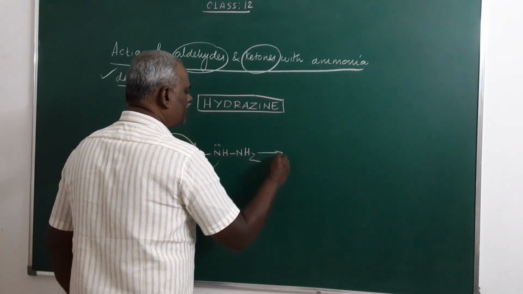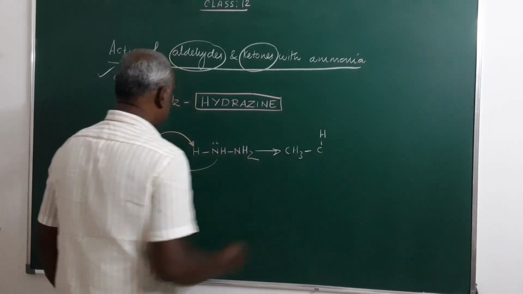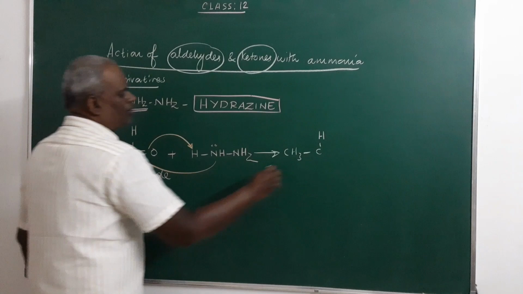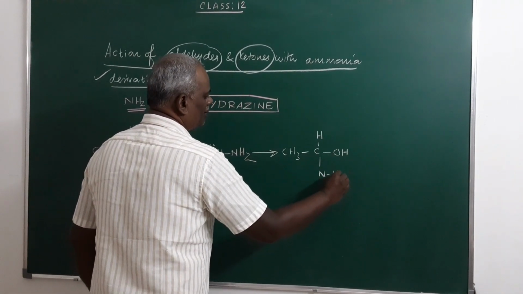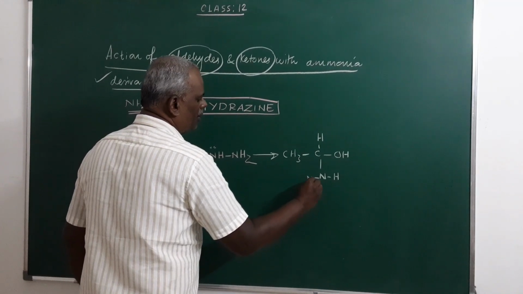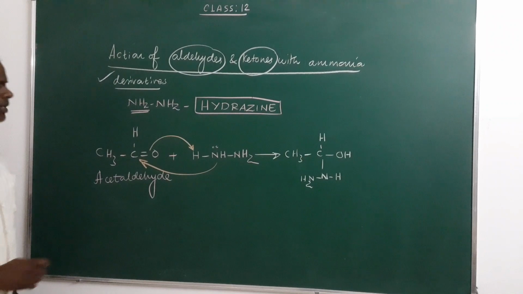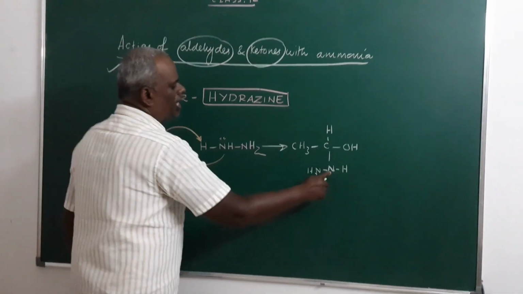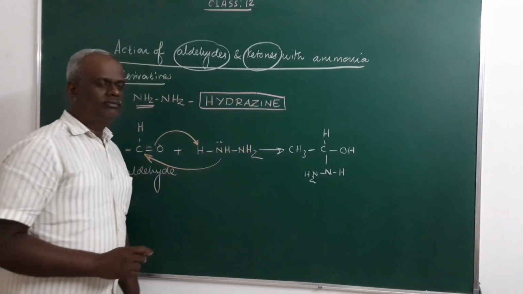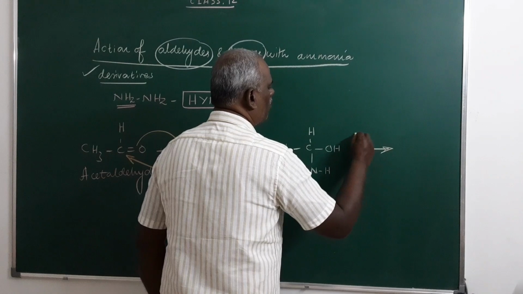This is the product expected here. CH3CH, it becomes OH, here I can write NH2 for convenience. You just see the NH-NH2, that is written here. In the subsequent stage, there is removal of water.